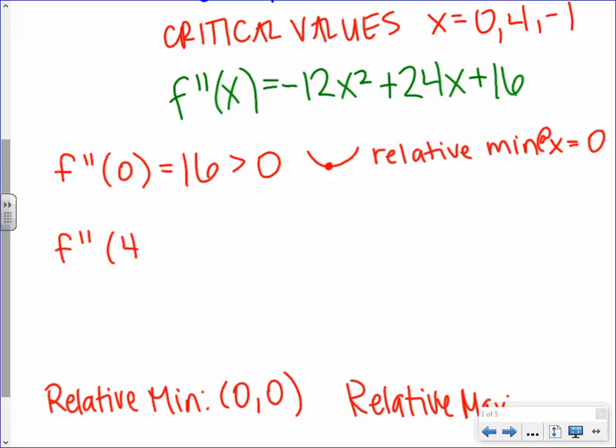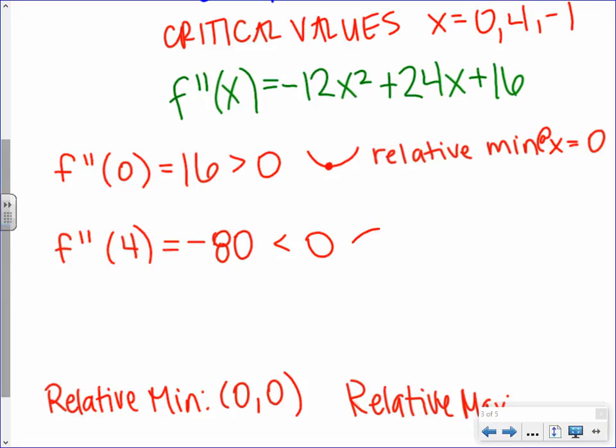If we plug 4 into our second derivative, we get a value of negative 80. Negative 12 times 16 plus 24 times 4 plus 16 is negative 80. That is a number that is less than 0, which means our function is concave down there.